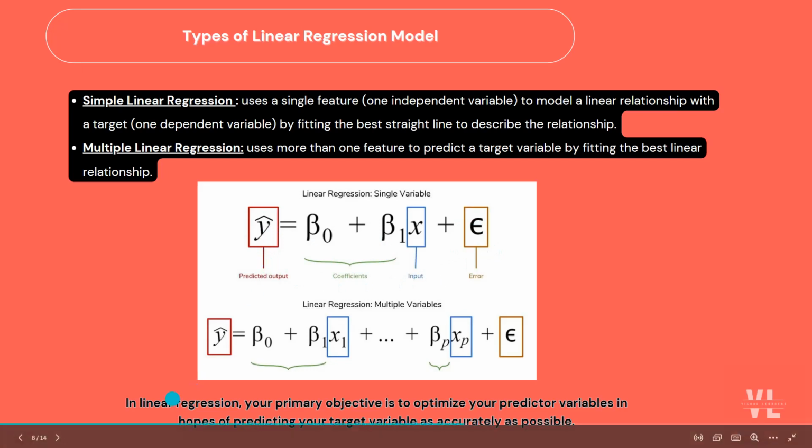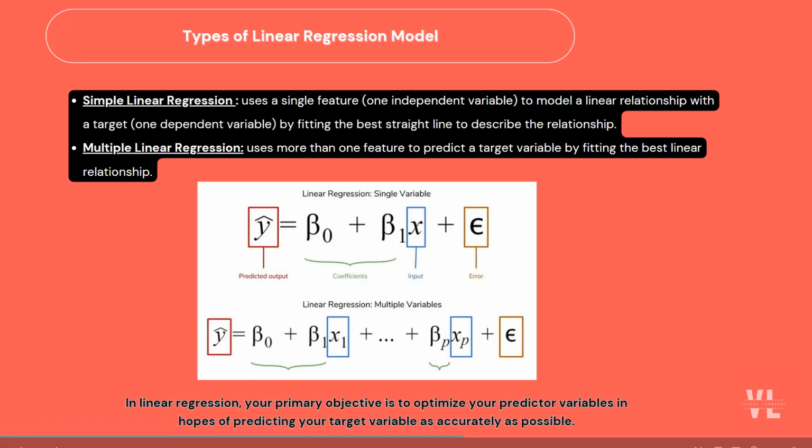output. So in linear regression, your primary objective is to optimize your predictor variables in hopes of predicting your target variable as accurately as possible. If you cannot solve that problem by using simple linear regression, another solution might be using multiple linear regression.